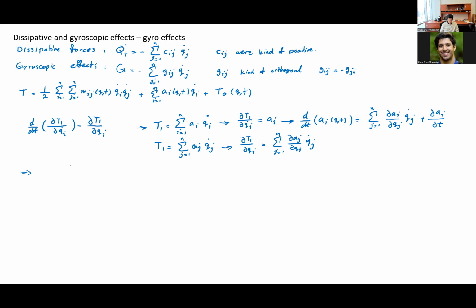So then this thing that I'm trying to find, d over dt of partial T1 partial q dot I minus partial T1 partial qi, it's going to be sum of j from 1 to n, that thing, partial ai partial qj minus this thing, partial aj partial qi, times q dot j plus partial ai, I'm sorry, partial t.